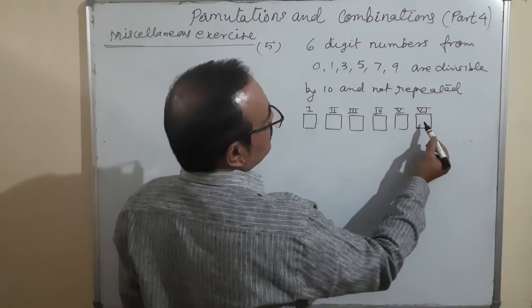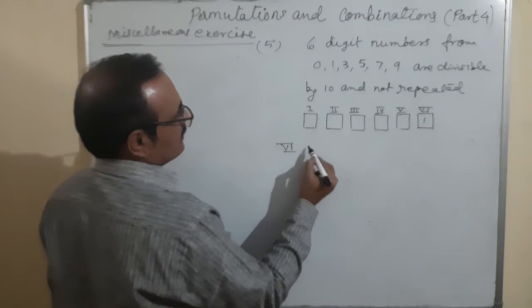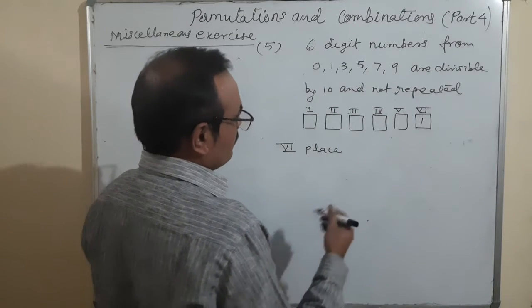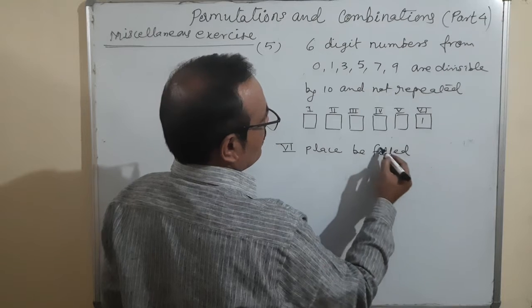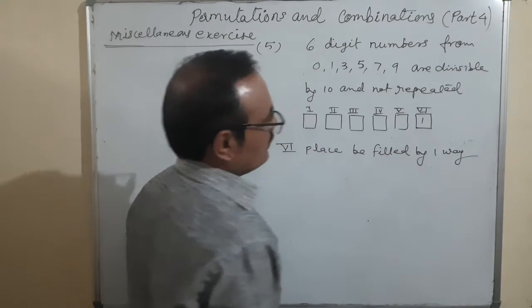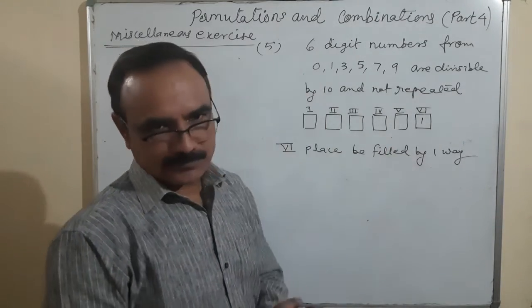So what does it mean? 6th place can be filled in 1 way, that is 0.